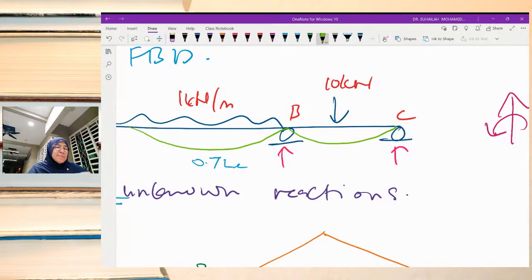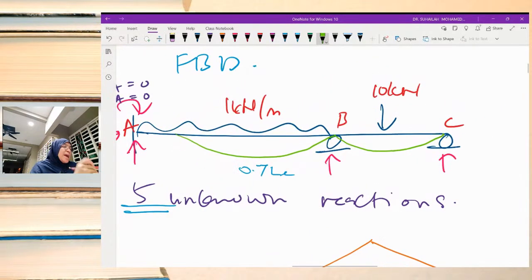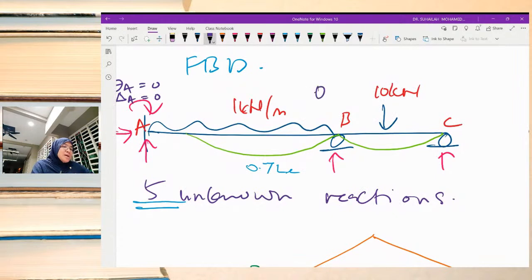So what does it mean? At B, theta at B means this tangent. We can see clearly that there is a rotation, a value of rotation.